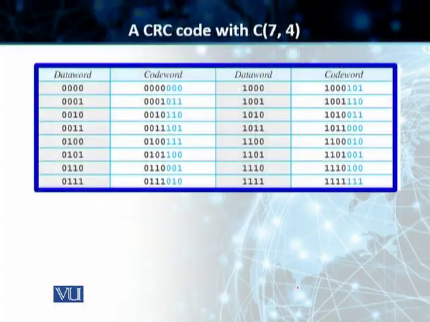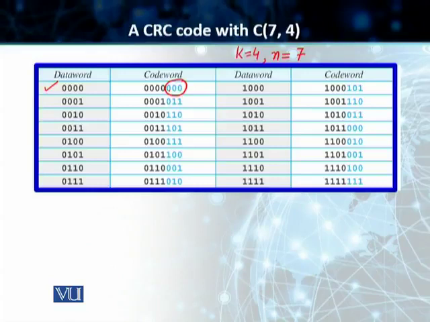Students, as you can see on the slide, we have a CRC code with the value of k as 4 and the value of n in this case as 7. What we are doing is, we have a data word of 4 bits, and all that we are doing is appending some more bits to it.